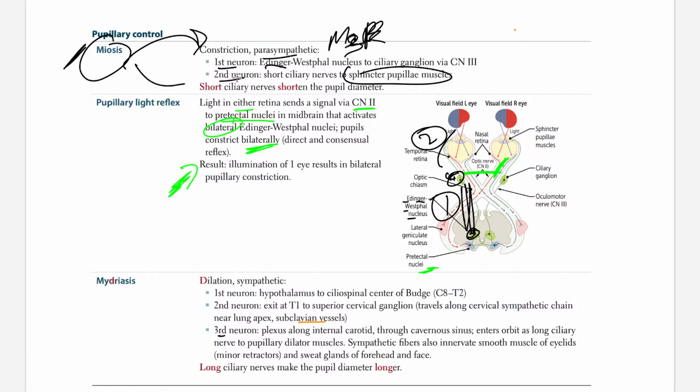The important point is the short ciliary nerves, the terminal nerves that do the job of shortening the pupil. So short ciliary nerves shorten the pupil diameter.